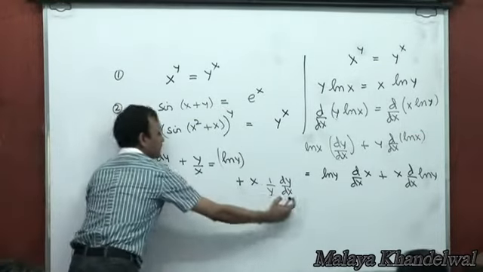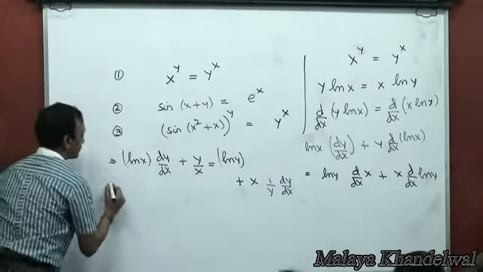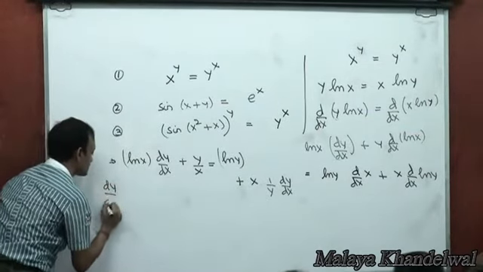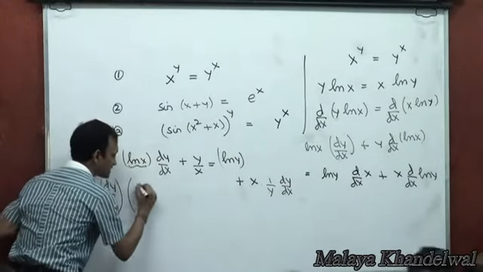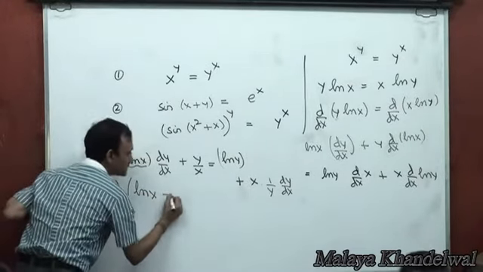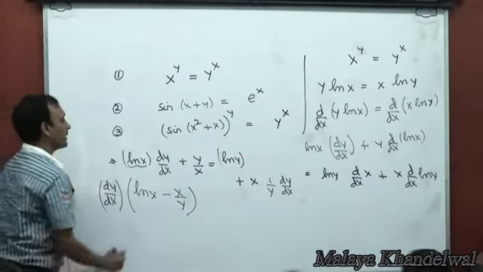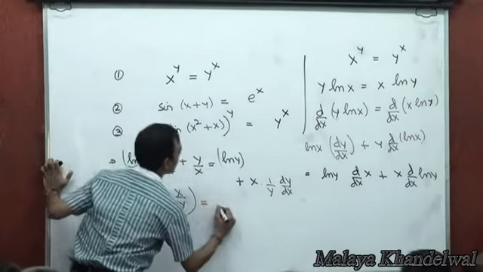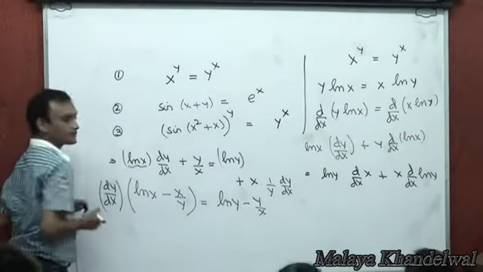Okay, might as well put together the dy/dx on one side, right? So then you get dy/dx all consolidated on the left hand side, gives me ln x minus x by y, that's the left hand side, right? And then on the right hand side, you just have ln y minus y by x.